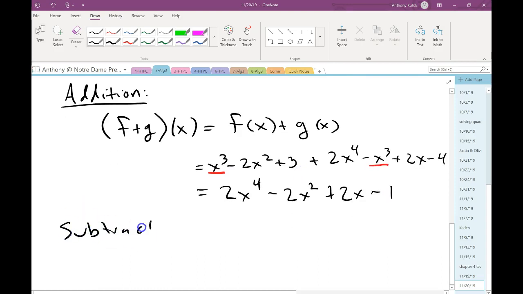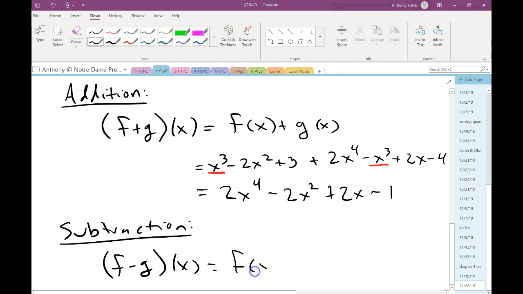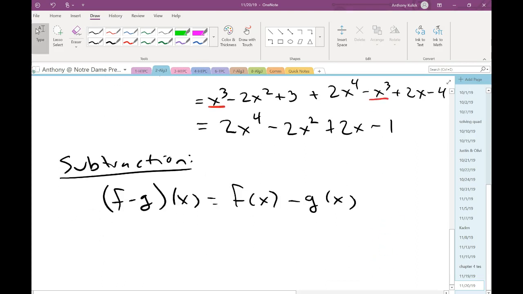What if we asked about subtraction? Well, if I want to find the polynomial f minus g of x, that's the same thing as f of x minus g of x. So it's almost the same thing as before.